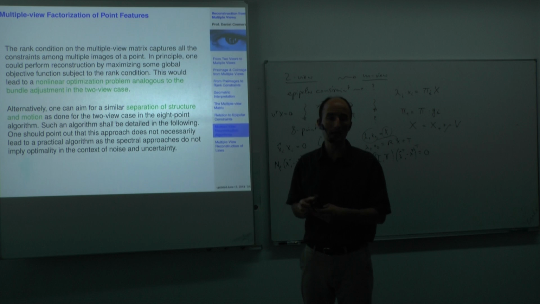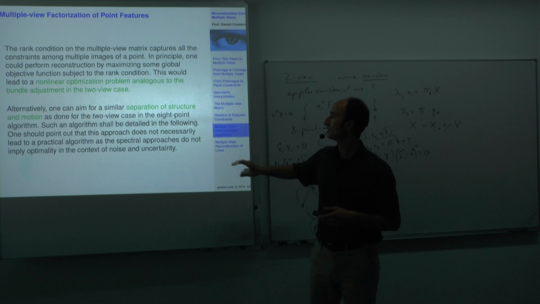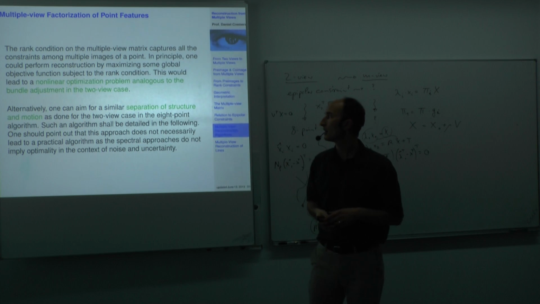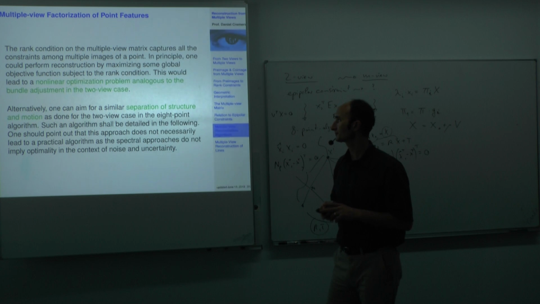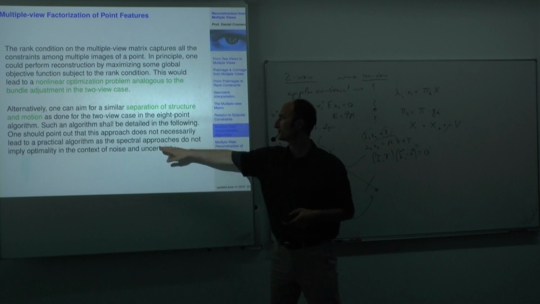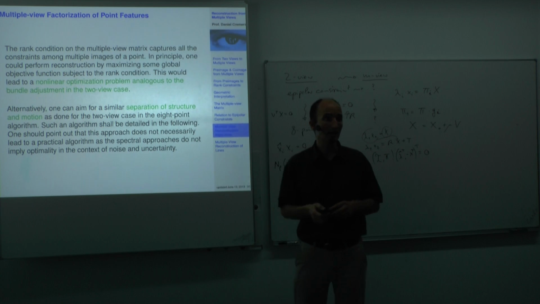You can estimate camera motion first using, say, the 8-point algorithm, and then estimate the structure. But the 8-point algorithm isn't typically optimal in the context of noise and uncertainty because you're not minimizing the reprojection error. Spectral approaches, by the way, means we use singular value decomposition, as in the 8-point algorithm, to estimate the camera motion.